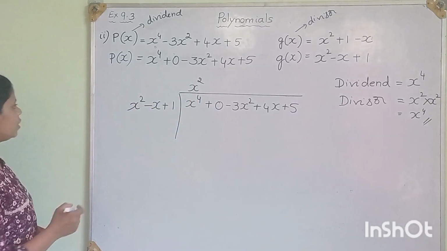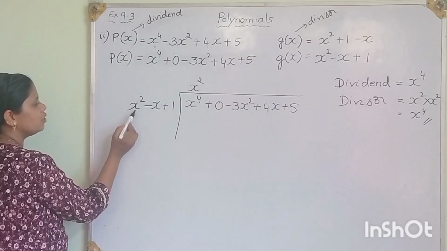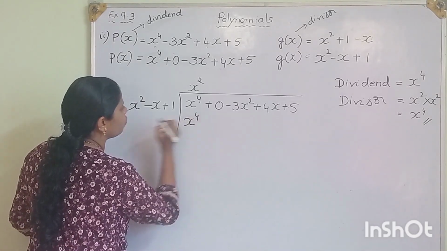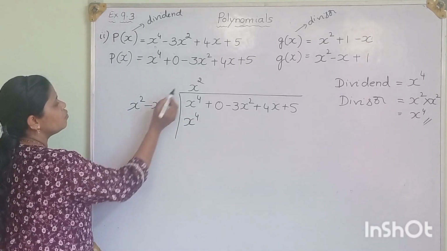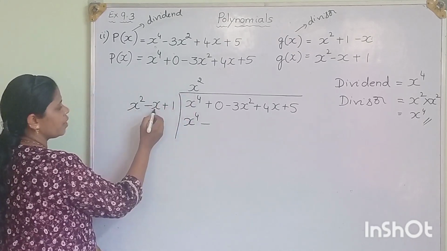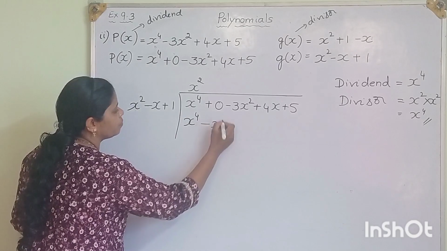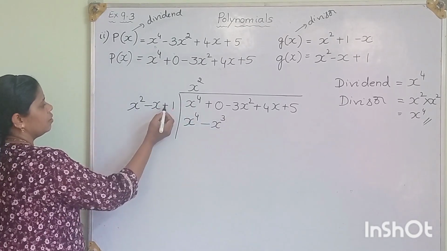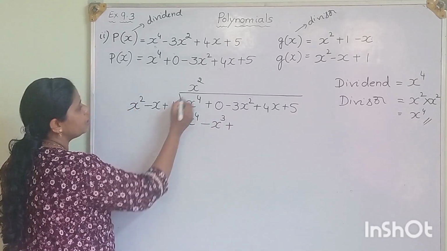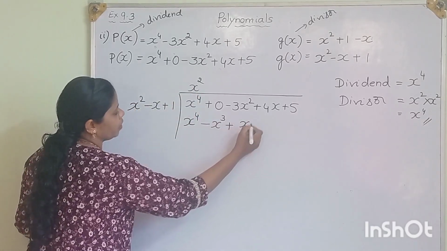Now look at this carefully. x square into x square is what? x to the power of 4. Minus into plus is what? Minus. x square into x is what? x cube. Then plus into plus is plus. 1 into x square is x square.